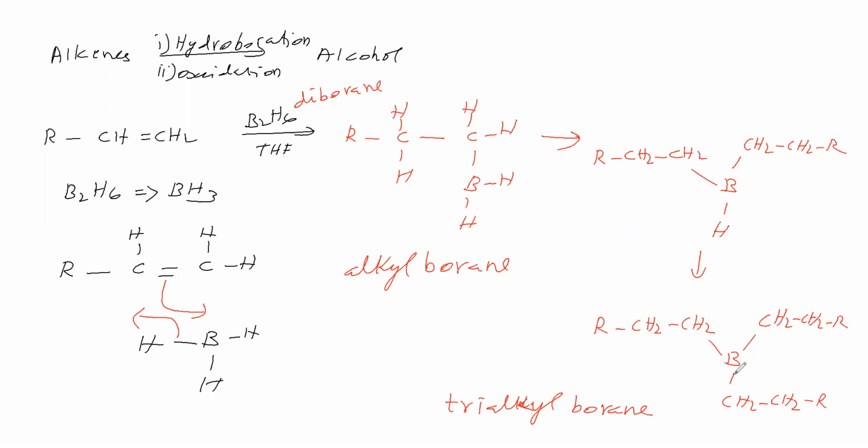We can say this boron is having three bonds here. It is trigonal planar. This process is called hydroboration. Why is it called hydroboration? Here hydrogen is added, here boron is added, therefore it is called hydroboration.